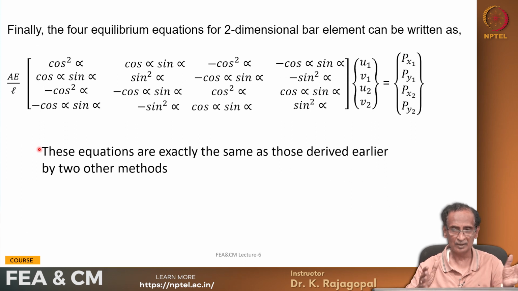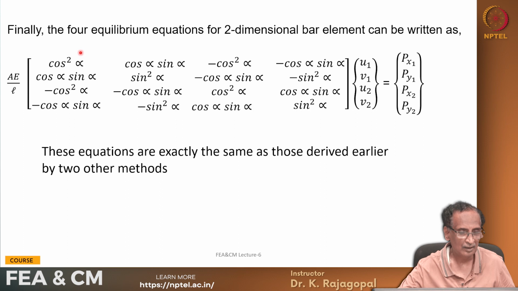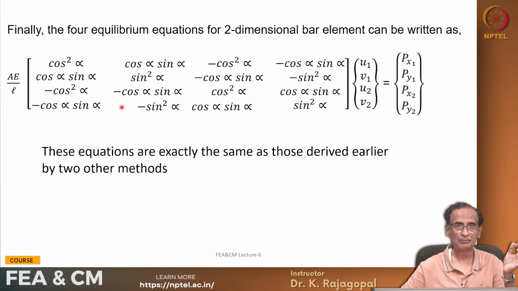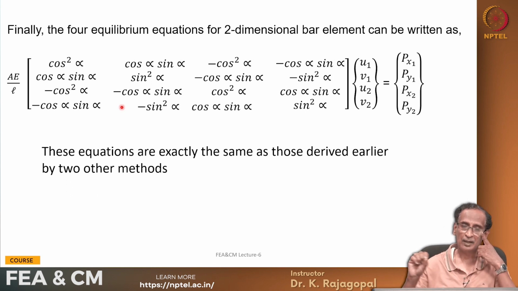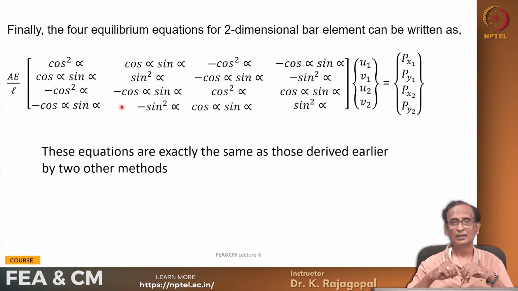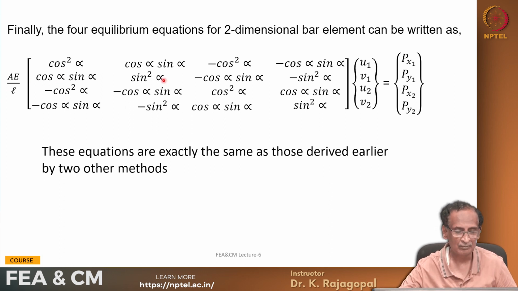Once you assemble all the equilibrium equations, you will get a matrix that is very similar to what we had seen earlier. By doing lambda transpose k lambda, we got this, or by directly applying the unit deformations in the global coordinates, we got a similar matrix. So, this k multiplied by u is equal to p.